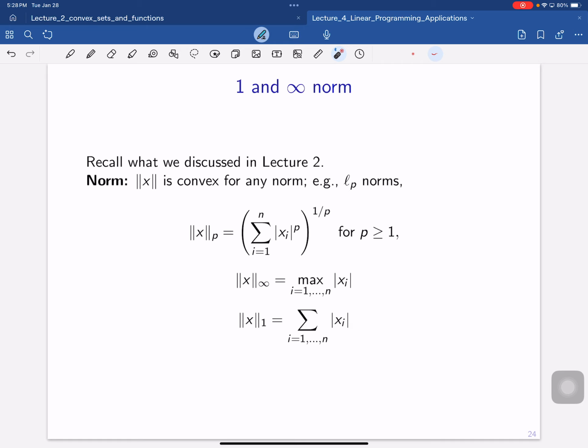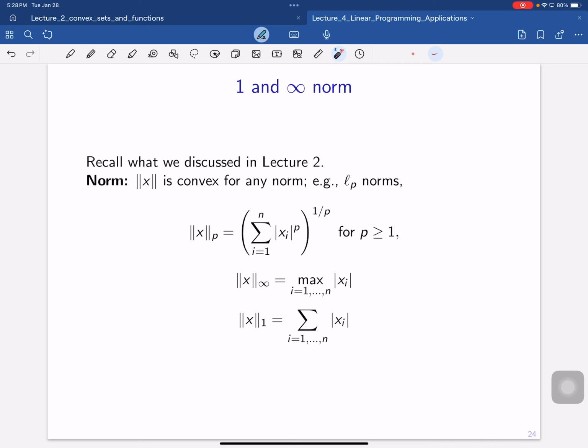Okay, so just to refresh your memory, the definition of the infinity norm is taking the maximum of the absolute value of each component of vector x, okay? And then the 1 norm is the summation over the absolute value of each entry of vector x, right?